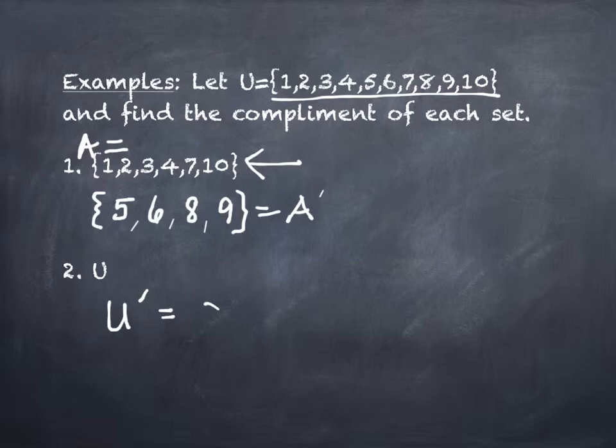So what ends up happening is that you get the complement that's the empty set. Remember we talked about that a couple of class periods ago. So you can write it as the 0 with the slash through it or the empty brackets. And so just as the empty set is the complement of U, so also the complement of the empty set would be U. They're each other's complements.